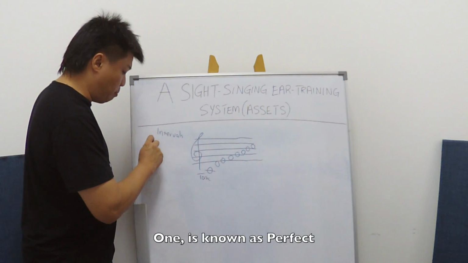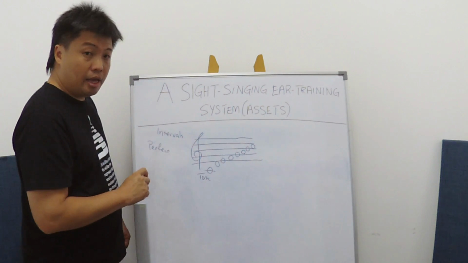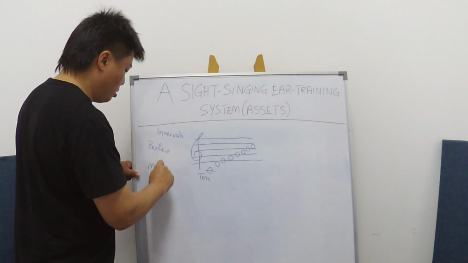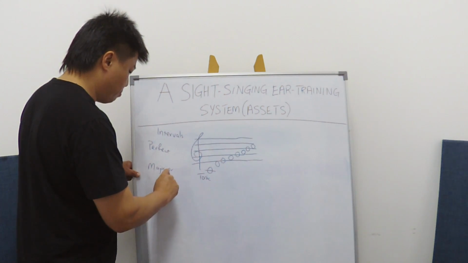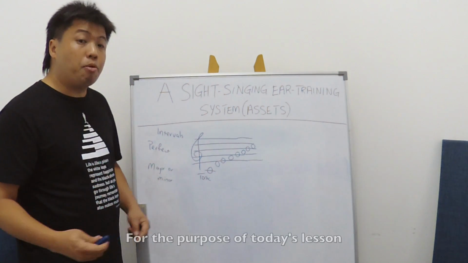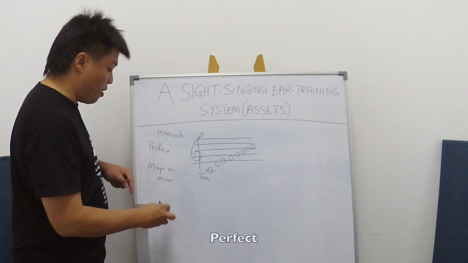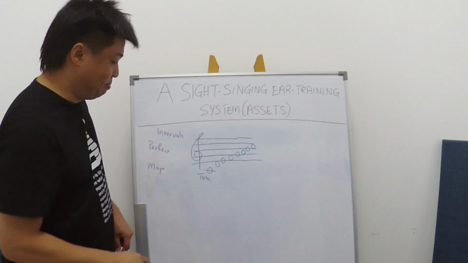One is known as perfect interval, and the other could be major or minor intervals. For the purpose of today's lesson, we're going to just focus on perfect and major intervals.